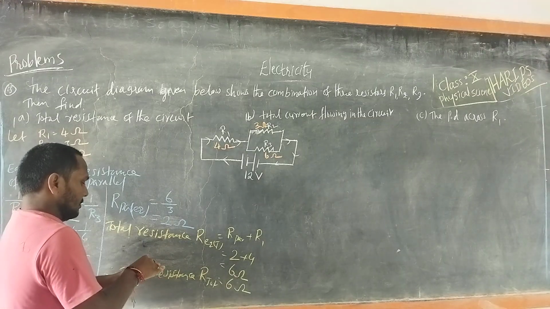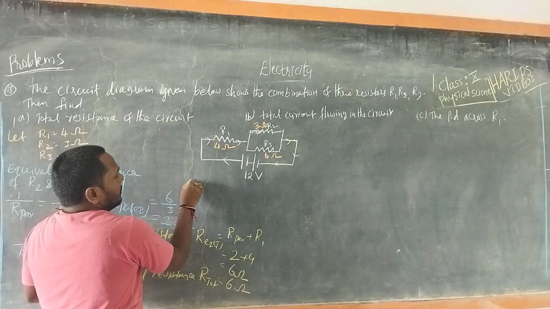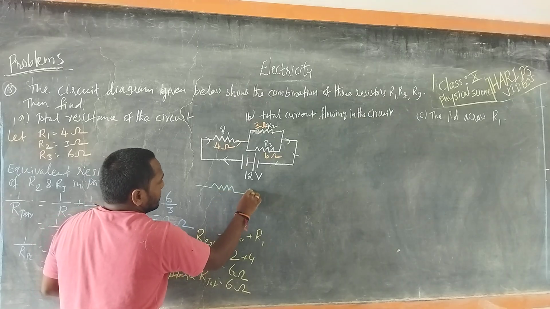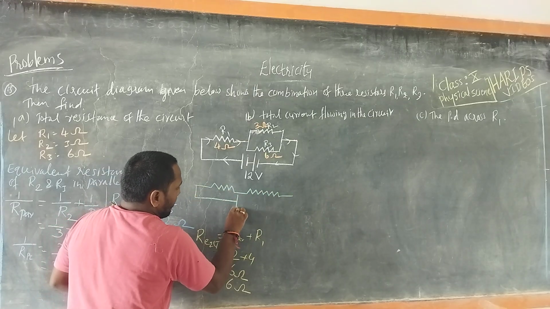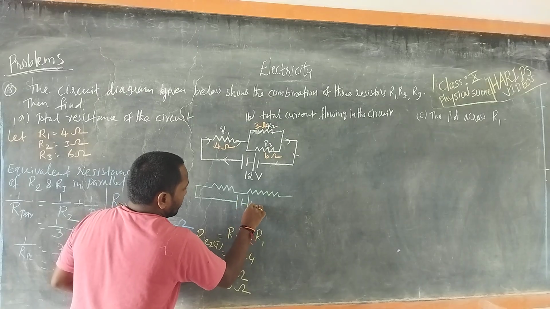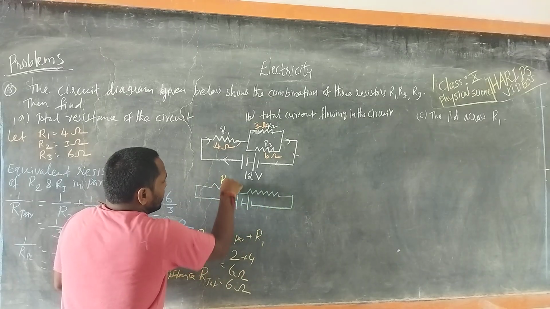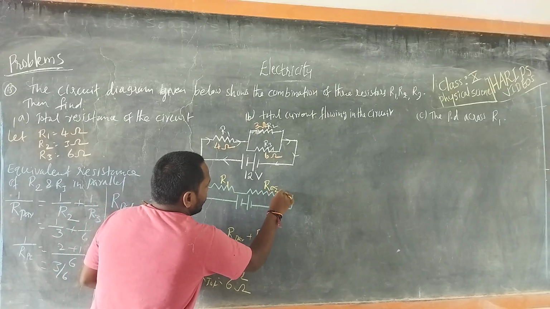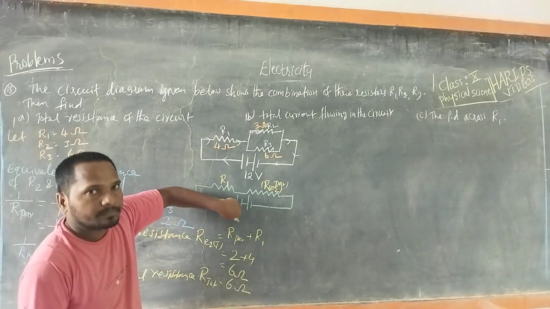Right? So after finding the resistance, the circuit diagram can be drawn like this, just for our understanding. Now this is R1 and this is R parallel. So the diagram changes like this.